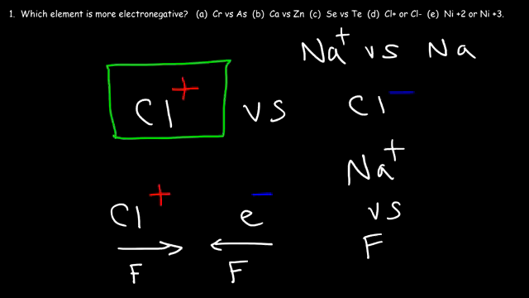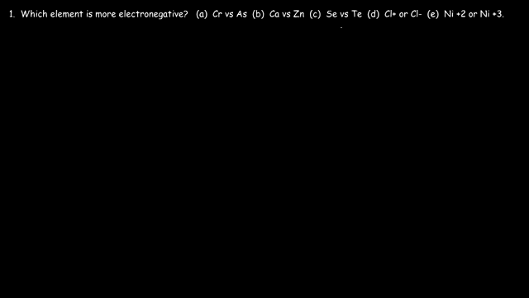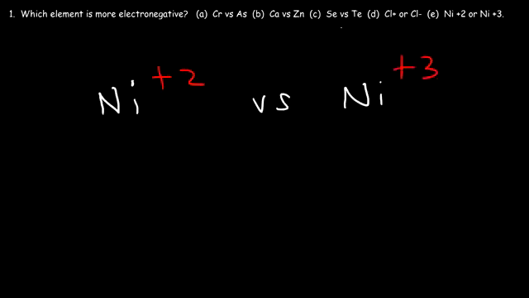Now let's look at part E. Let's compare the nickel 2+ cation with the nickel 3+ cation. Which one is more electronegative? So which one has a stronger desire to acquire an electron?